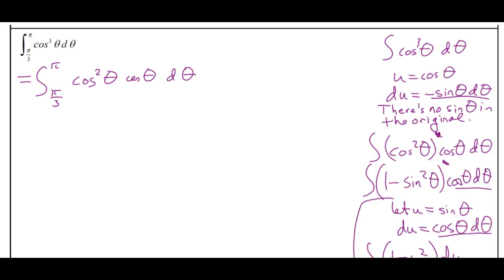We would then rewrite the cos squared as 1 minus sine squared. So this time, still the definite integral, 1 minus sine squared theta cos theta d theta. Now we can let u equal sine theta.